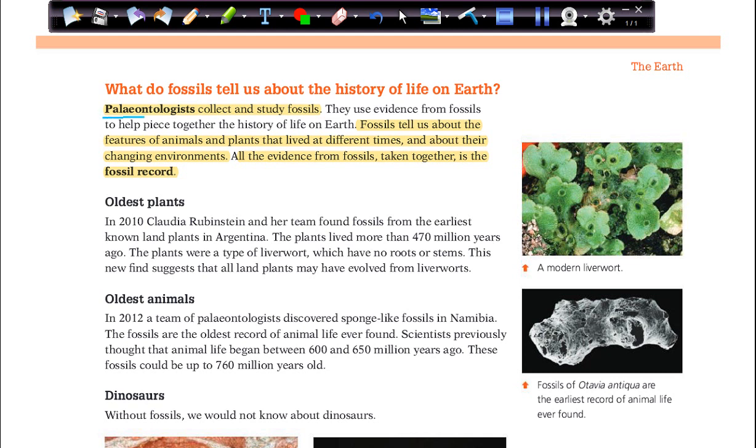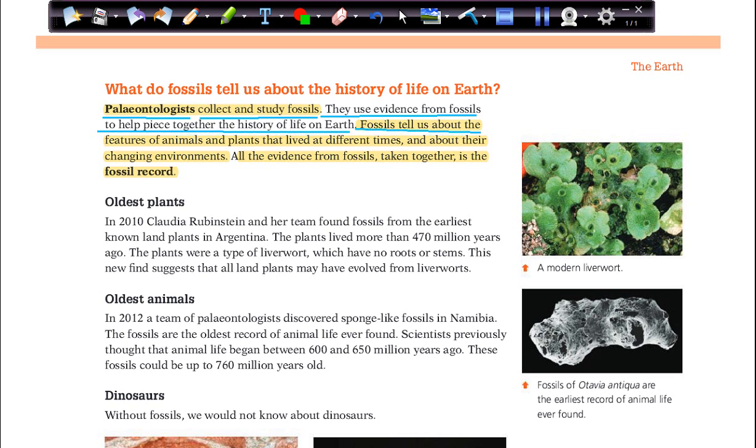Paleontologists, the people who study fossils, collect and study fossils. This is the definition of paleontologists. They use evidence from fossils to help piece together the history of life on Earth.